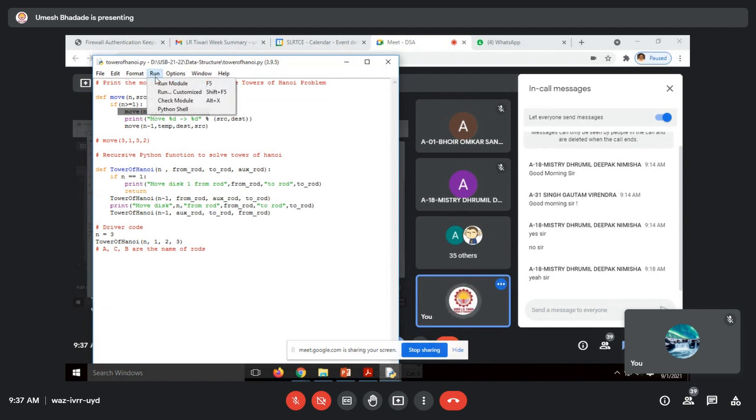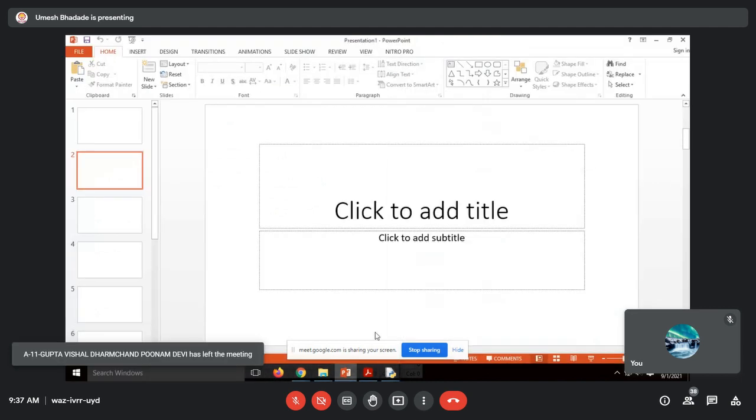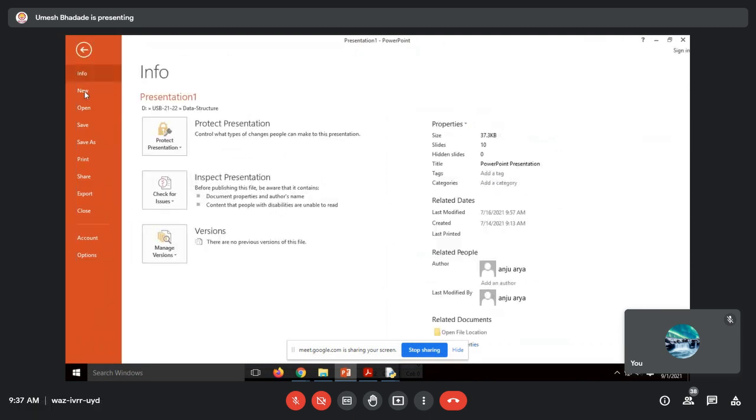So if you run this program, you will see that we have moved diskette 1 from rod 1 to rod 2. I can show you here. Just a minute, I have to open your diagram.